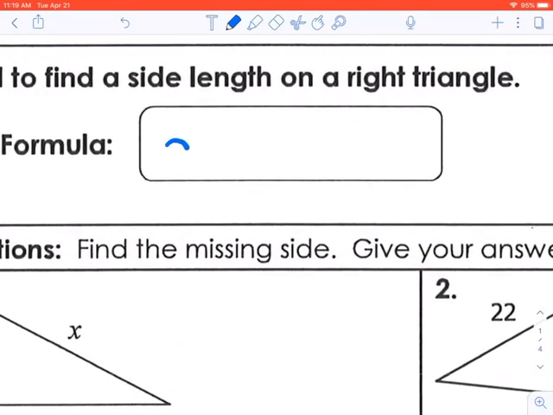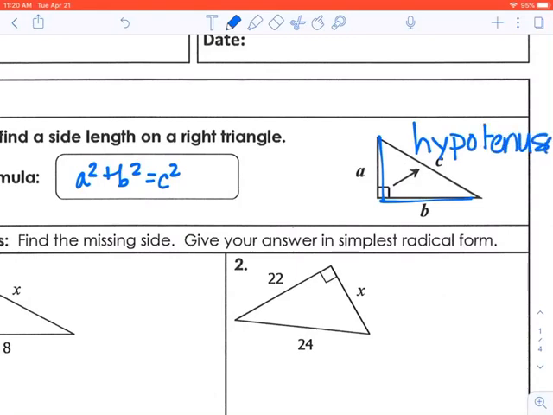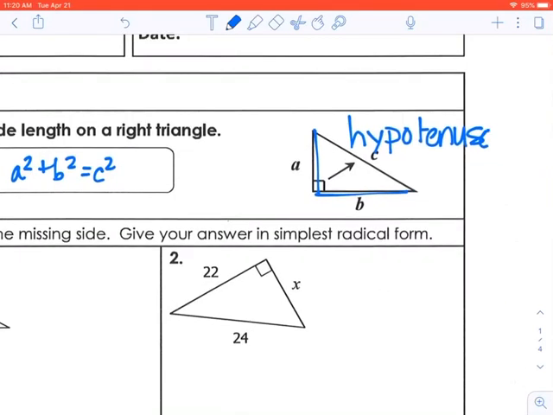We have our formula, hopefully you remember, a squared plus b squared is equal to c squared. Okay, A and B are going to be the legs of the right triangle. C is going to be the hypotenuse. It will always be the biggest number or the longest side, okay?